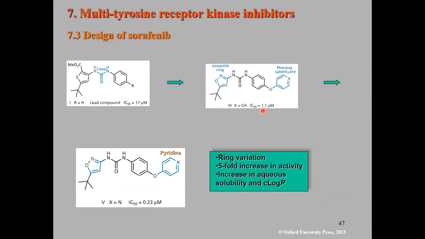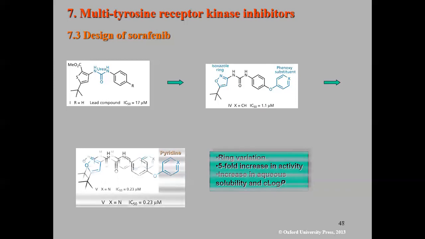As we said, they got a 5-fold increase in activity, also an increase in aqueous solubility, because it's a pyridine that has a nitrogen which would be able to form bonds with water or ionizable salts, and an improvement in calculated log P. The calculated log P is important for drug absorption through membranes, like the cell membrane.